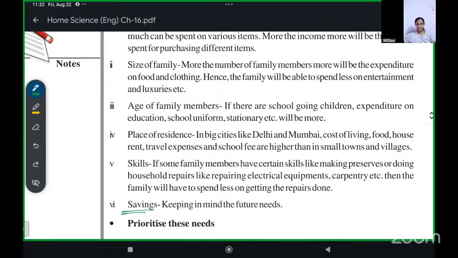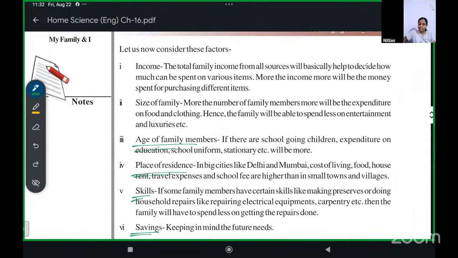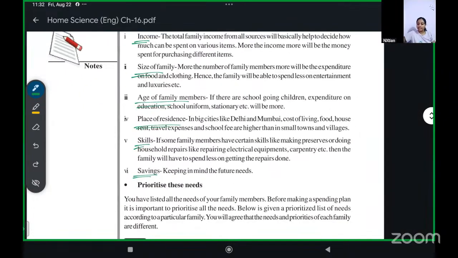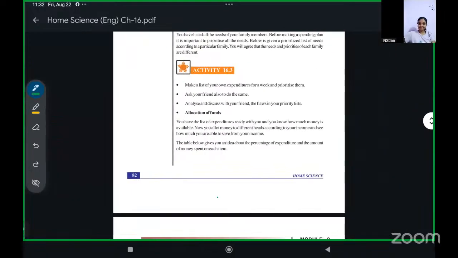Okay, savings is there, make it correct. Skills, where they are residing, age of the family members, size, and income. These are the factors which are considered. Okay, 6 factors.